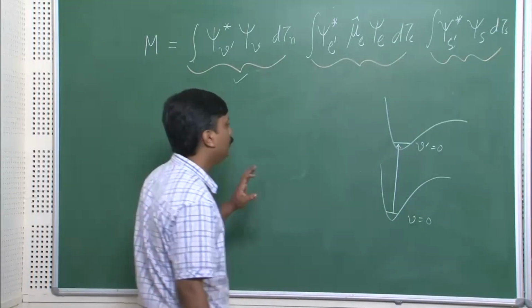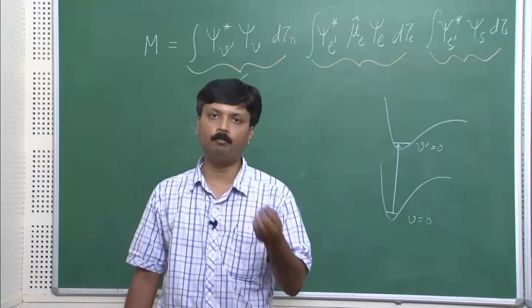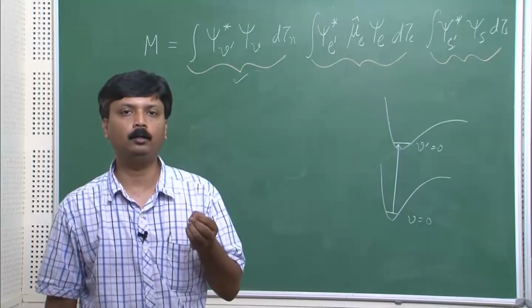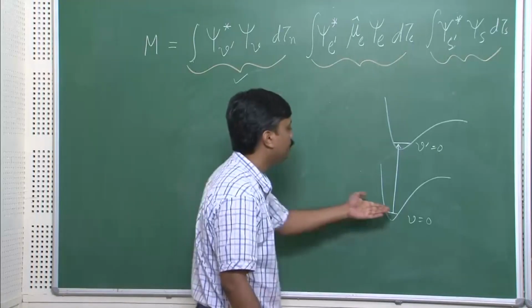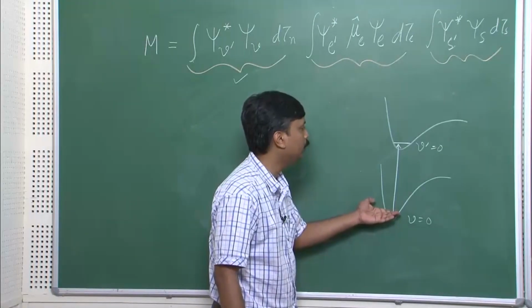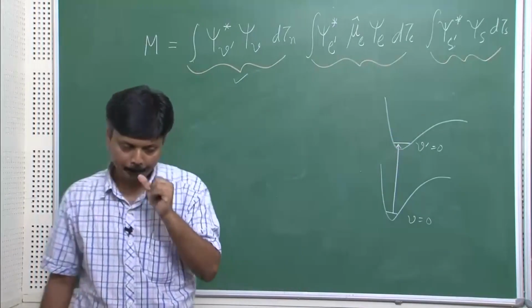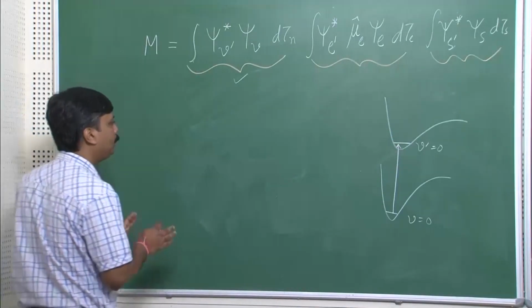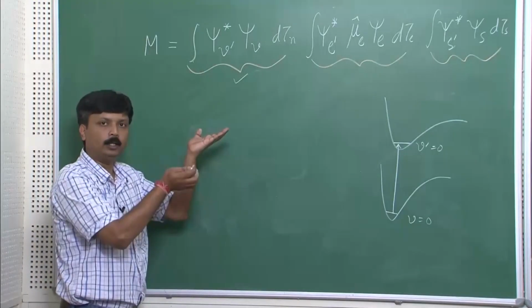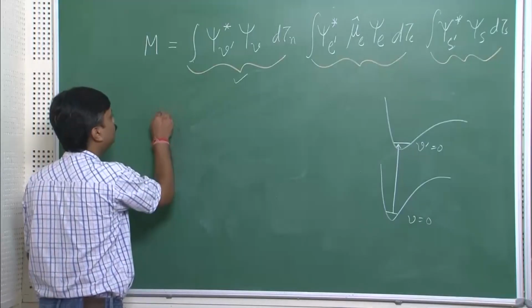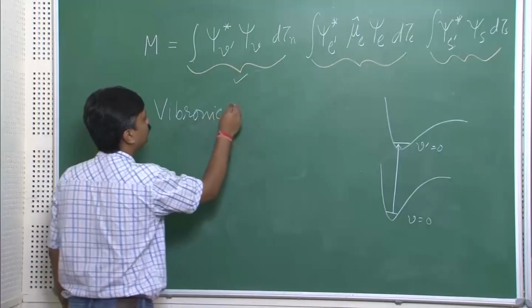Now what will happen if there are vibrational states involved which are not totally symmetric? So what will happen if I excite from v equals 0 to v prime equals 1 here? So I should think about a transition which will have both a vibrational transition as well as an electronic transition. Altogether this is known as a vibronic transition.